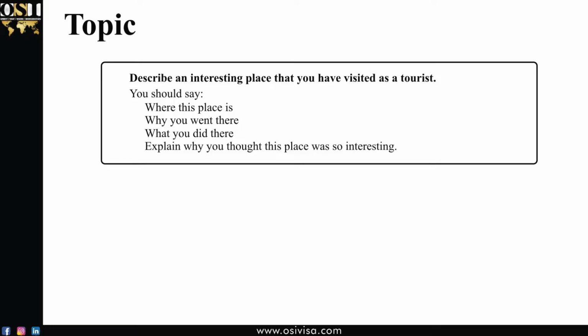So you don't really need to write down the name of that place when you're preparing for the topic, because obviously you're going to have that name stitched into your mind, and you will always remember the reason why you went there. So don't waste your time on such normal points. Just focus on the third and the fourth one, because those are the points that will require the most explanation.